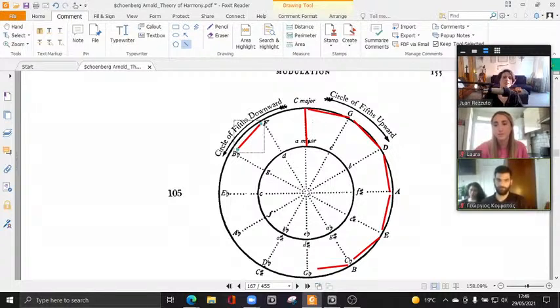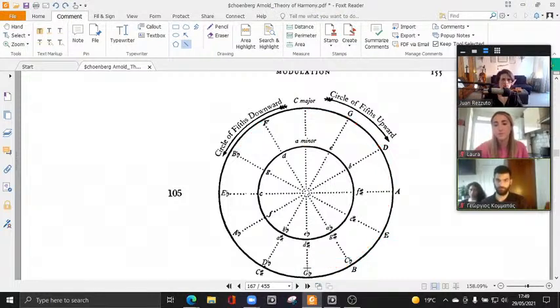Now, if you have to compare this circle of fifths to a device that we don't use anymore, now we use our phones, something that marks the time.